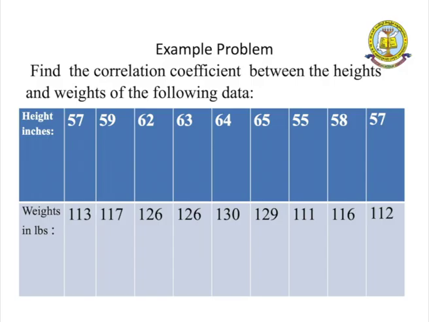Is there any relation between the height and weight of a person? We need to find it according to the given data set. The heights are the x series: 57, 59, 62 and so on, with the last observation 57. The weights are the y series: 113, 117, 126, 126, 130, 129, 111, 116, 112.